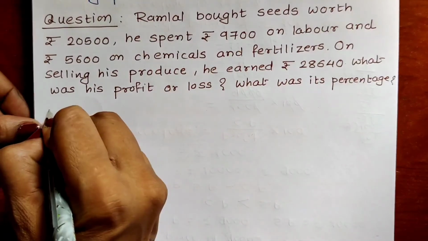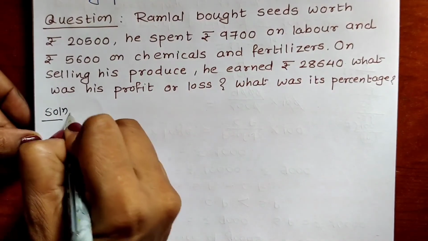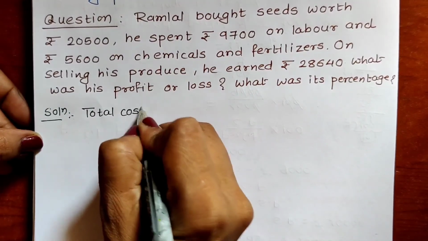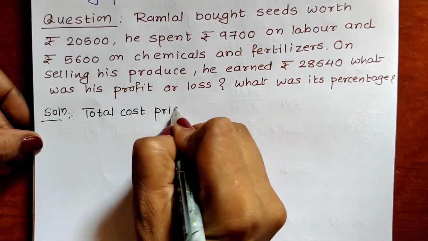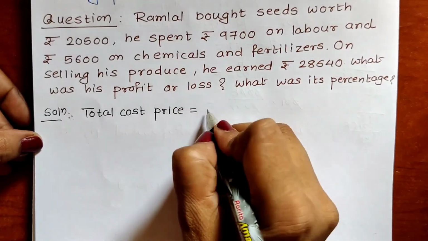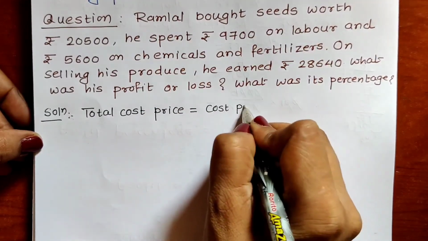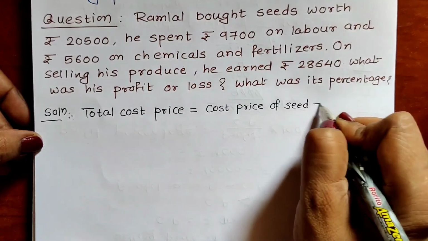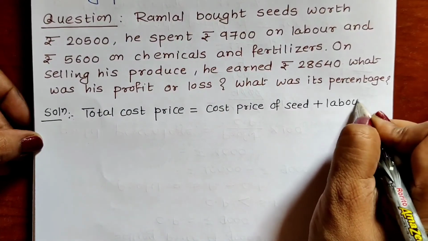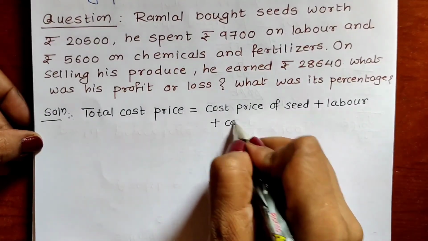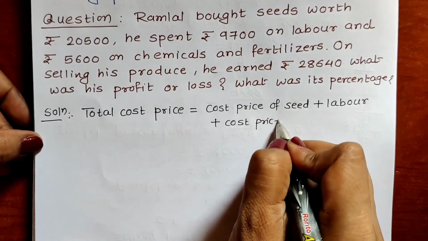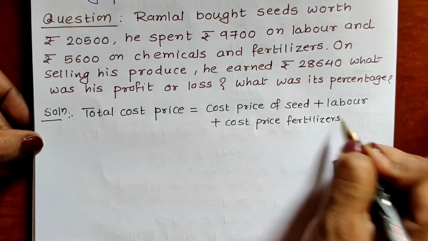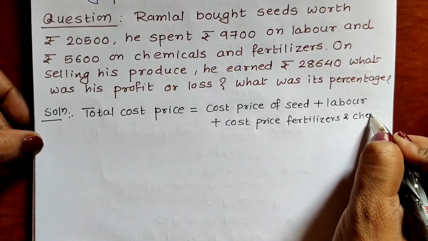First we have to find out total cost price. What we have to include in this? Cost price of seeds, plus labor, and plus cost price of fertilizers and chemicals.